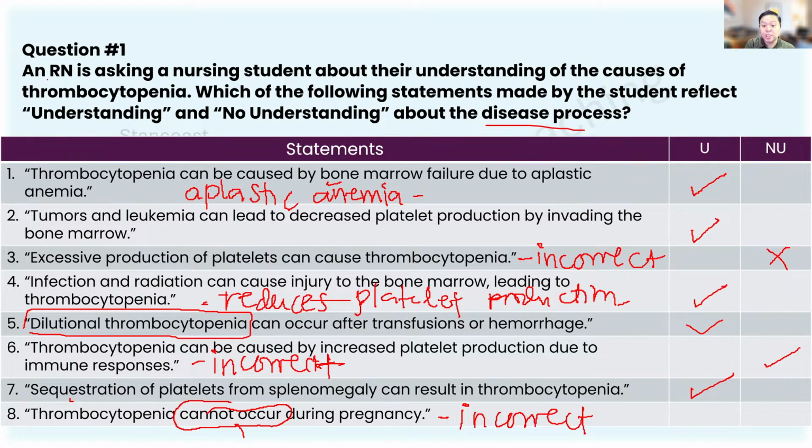Thrombocytopenia can occur in pregnancy, especially during the 3rd trimester, so take note of that. It could be associated with HELLP syndrome. Are you familiar with HELLP syndrome? We're not going to talk more about it today, but it occurs in the 3rd trimester. So it will be marked as no understanding.